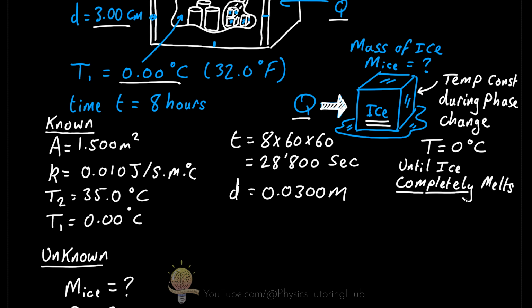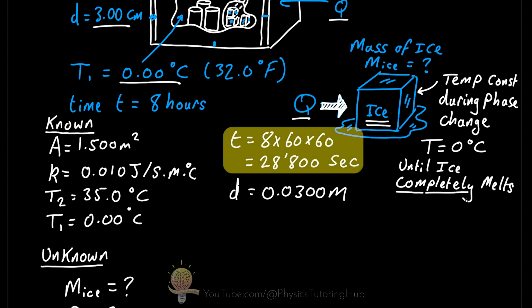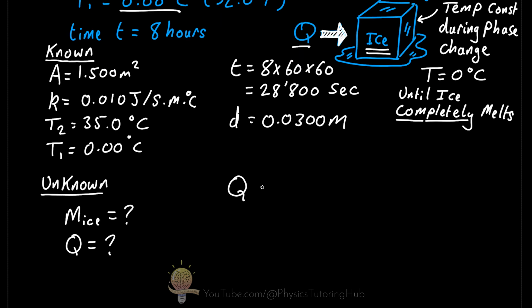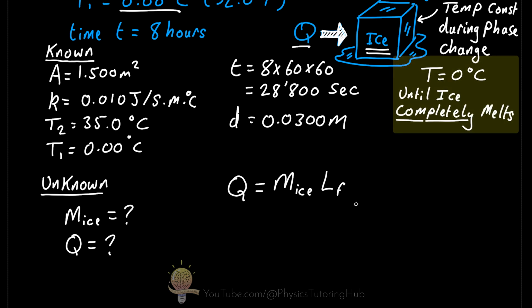So first, if we find out how much heat energy will enter into the box over 8 hours, we can use the latent heat of fusion equation, which we looked at in the last video, to find out the mass of ice required to absorb all of that heat before its temperature starts to rise. And its temperature will only start to rise when it's fully converted into water.